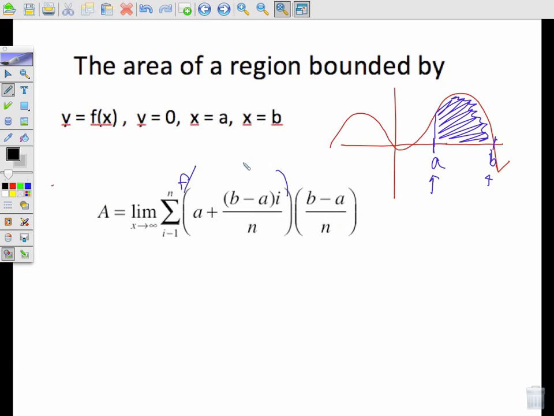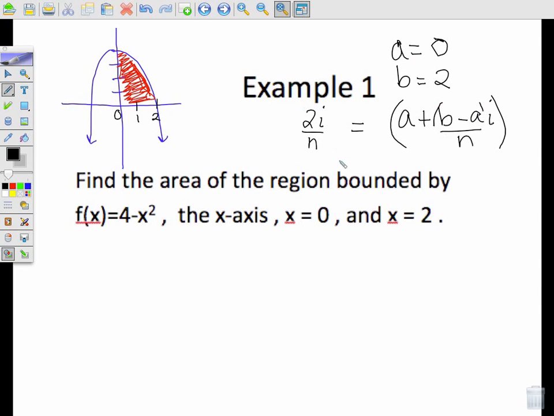Something else here is that we've got to evaluate the function at that expression. So we are going to do f of 2i over n.